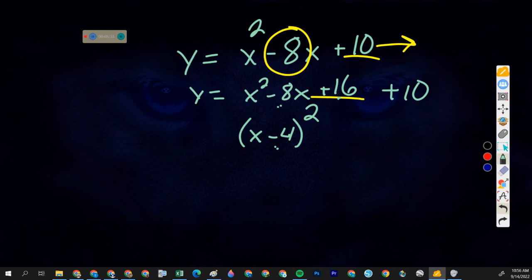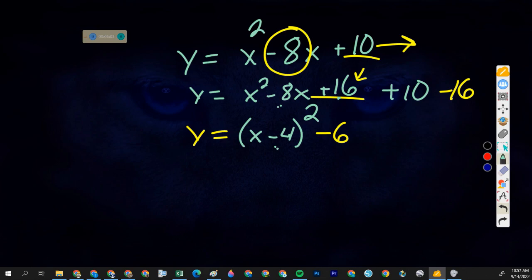Good. I could add 16 to the left and it would be balanced out, but I don't want anything on that left side. So when I add 16 to the right, I want to subtract 16 from the right and everything will be balanced. But instead of subtracting it here, I'm going to subtract over there. And now my equation is in vertex form.